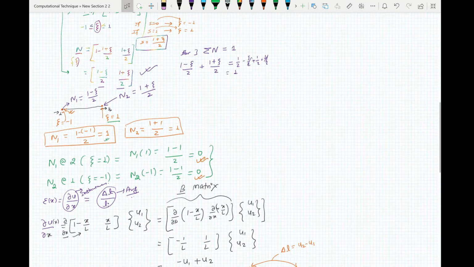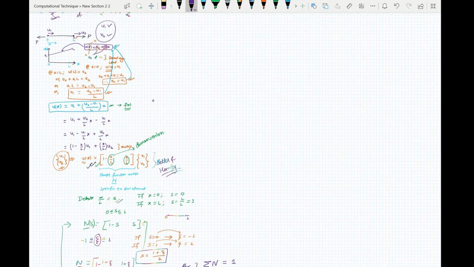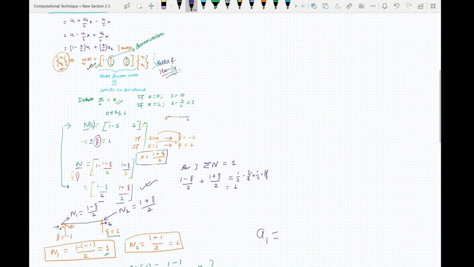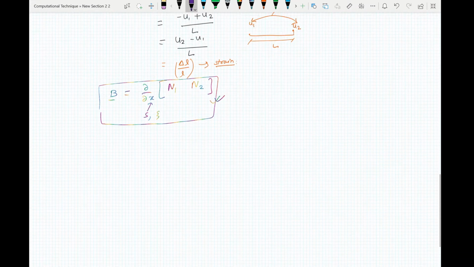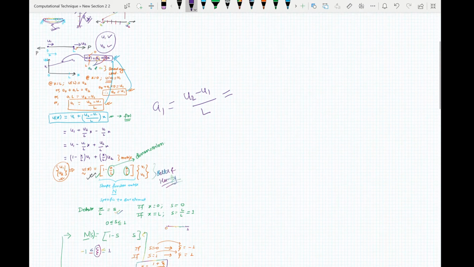In the above solution, you can see that we obtained our a1 as u2 minus u1 by L. Now we can see that this equals our du by dx, which is the slope of the line.